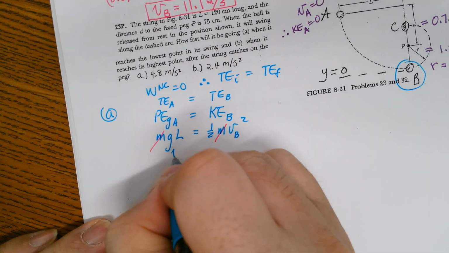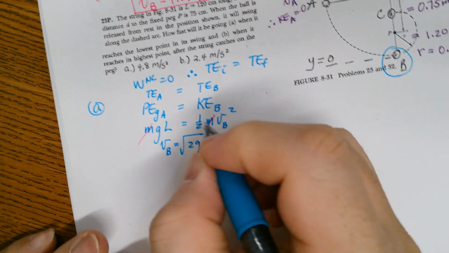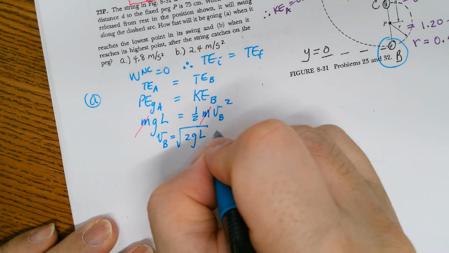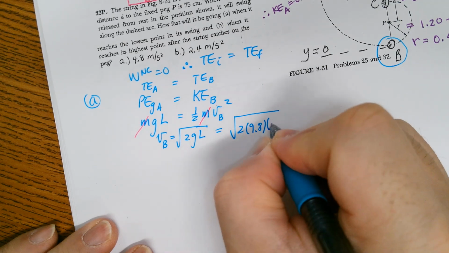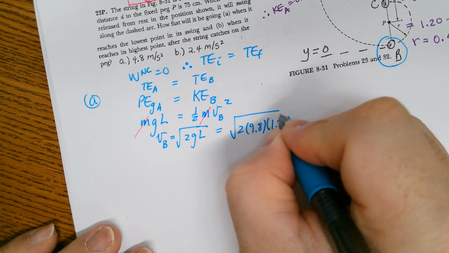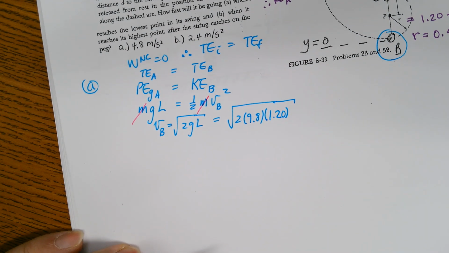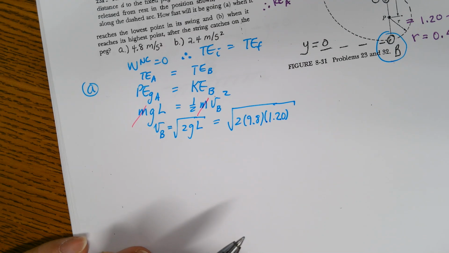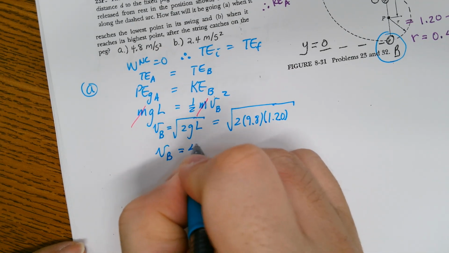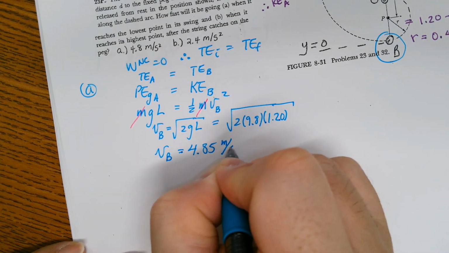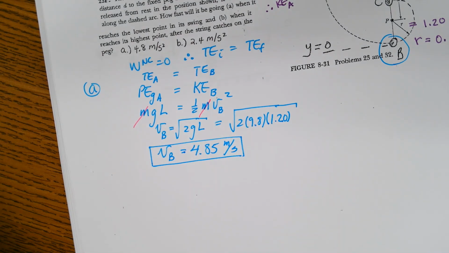So vB is equal to the square root of 2gL, or if we were to plug it in, 2 times 9.8 times 1.2. Okay. So what do we get? I get my v at B is equal to 4.85 meters per second. Okay.